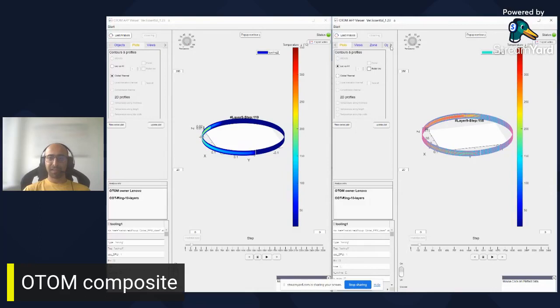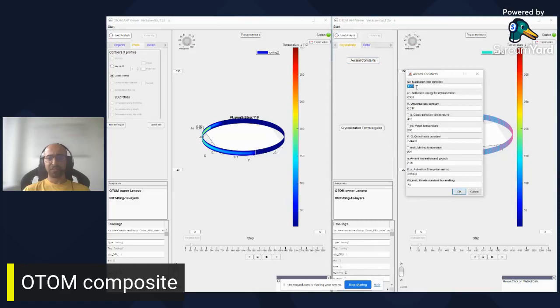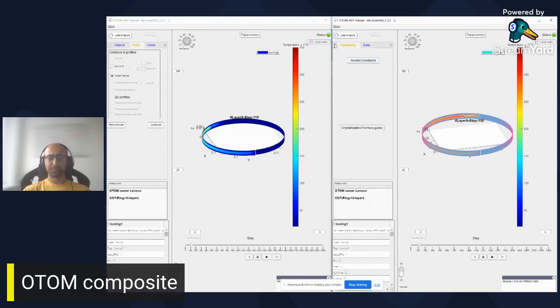For the constants of the crystallinity, you could go here and look at the crystallinity Raman constants, and you will see parameters like nucleation and growth. You could change them based on your material, and values like melting temperature or glass transition. But this default value is for a PEEK material, so we don't change anything here.